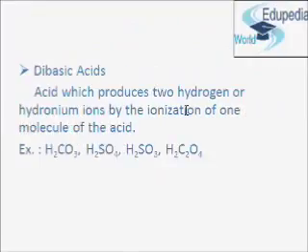Now, dibasic acids. An acid which produces two hydrogen or hydronium ions by the ionization of one molecule of the acid is called a dibasic or diprotic acid. For example, H2CO3, H2SO3, H2SO4 and H2C2O4 are dibasic acids. They ionize in two steps.